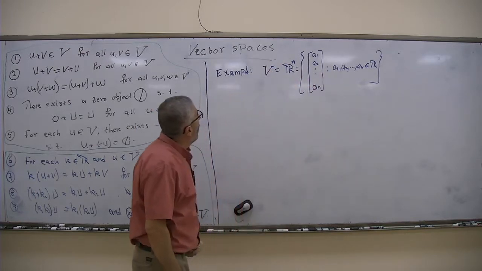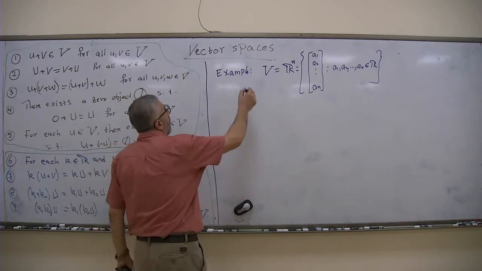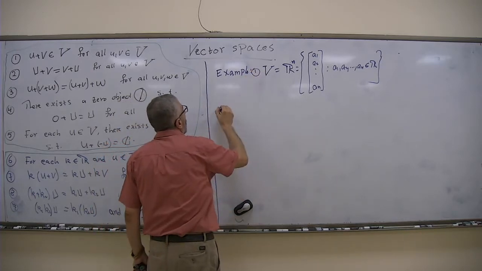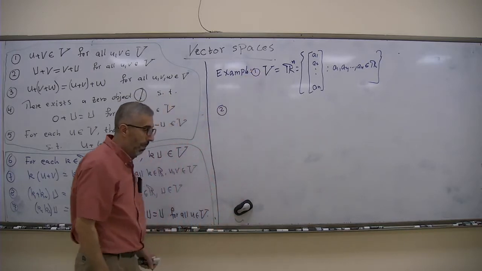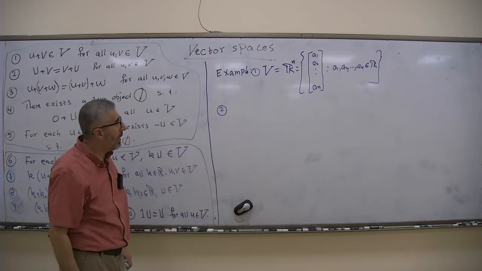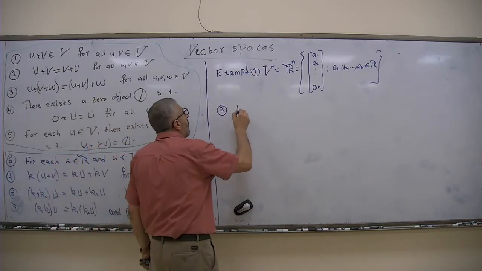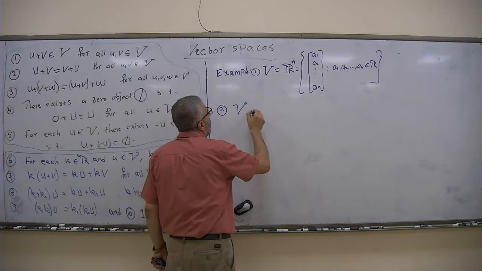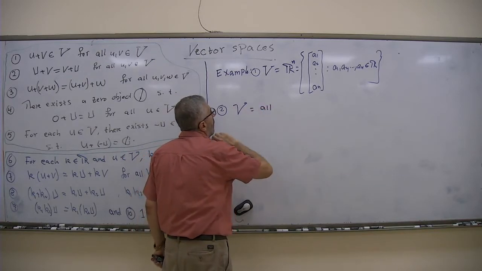Okay? Now I'm going to take another example. Example 2. Okay, let me again make it simple. My V is all 2 by 2 matrices.